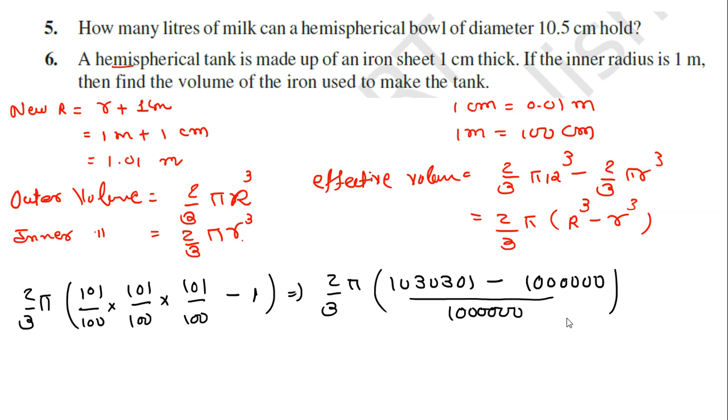Okay, and if you remove 10, 30, 31 minus 10 left, then 30,031 will remain. 2 by 3 into now 22 by 7 into 30,301 upon 1, 2, 3, 4, 5, 6.